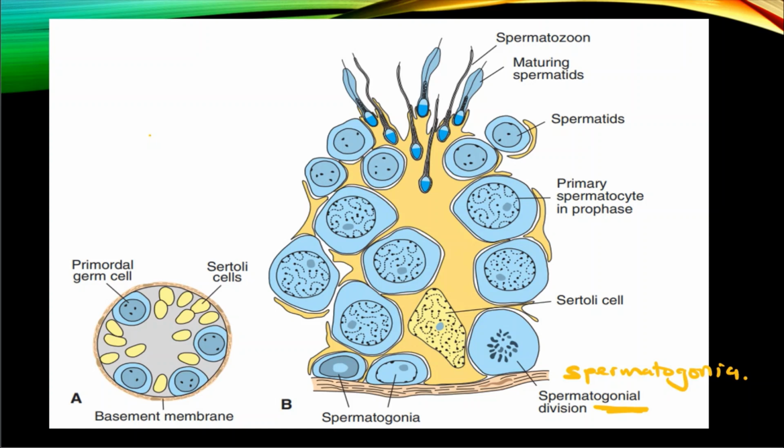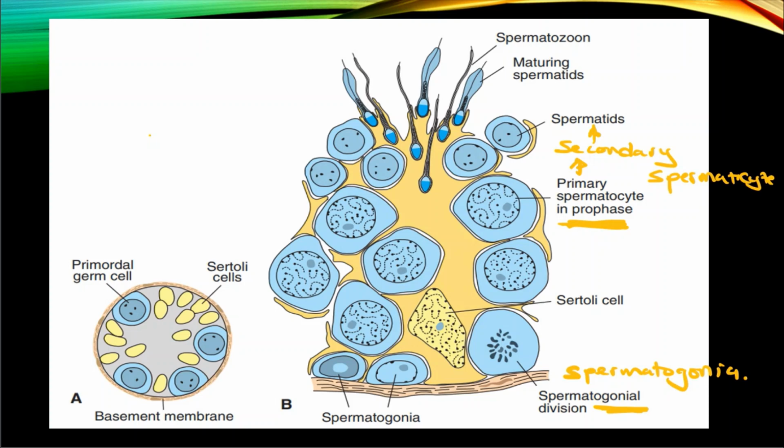The spermatogonia will differentiate into the primary spermatocytes here. The primary spermatocytes would differentiate into secondary spermatocytes. Then the secondary spermatocytes would differentiate into spermatids.